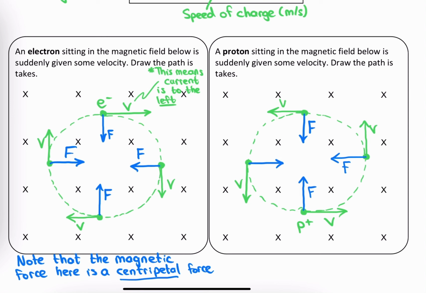So this is kind of an interesting concept here. Again, you can have a charge sitting in a magnetic field. It'll feel nothing. Charges are not affected by magnetic fields unless they're moving. So if we give it a kick and start it to move, it suddenly feels a force. And that force sends it into an interesting trajectory where it basically is kind of stuck going in a circle.